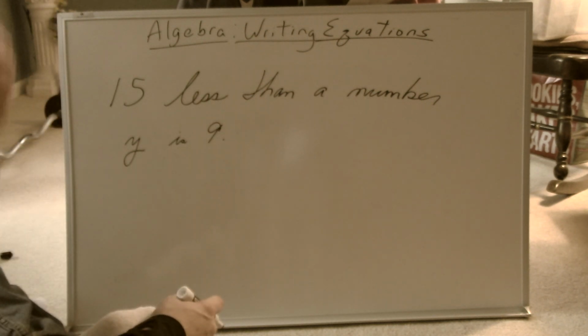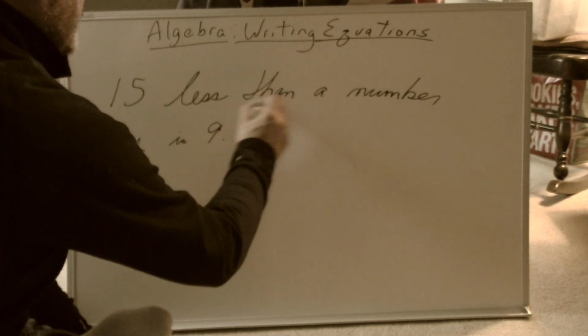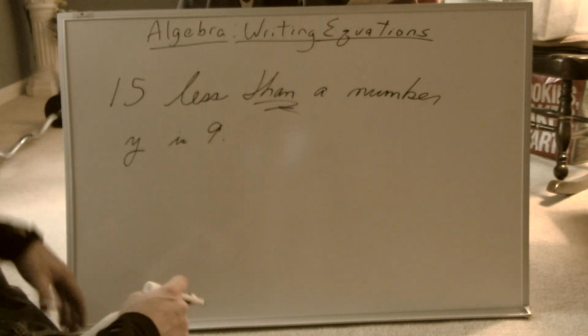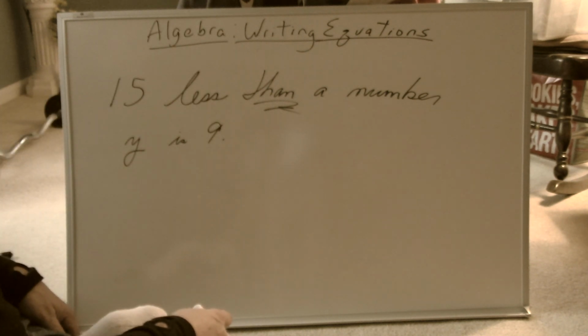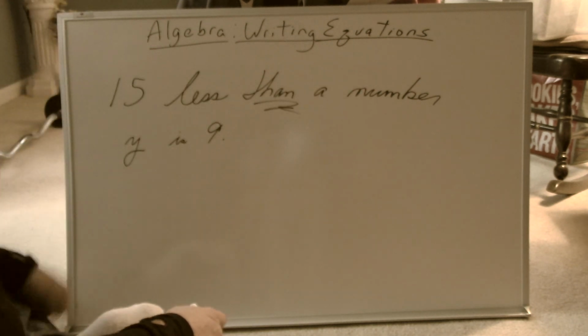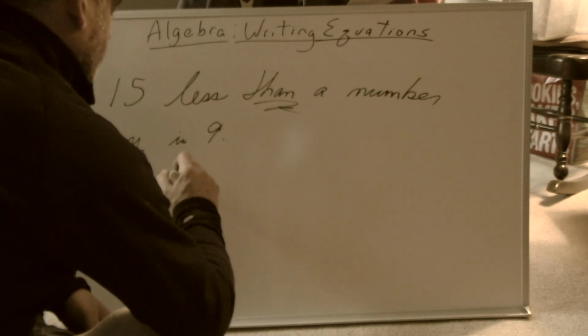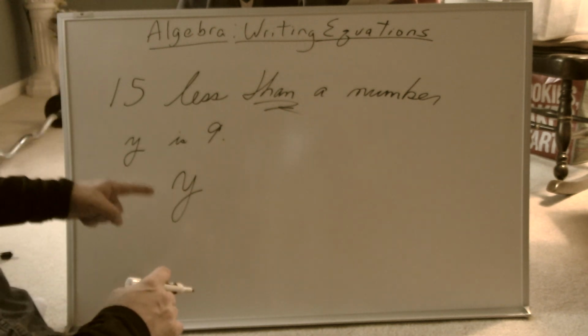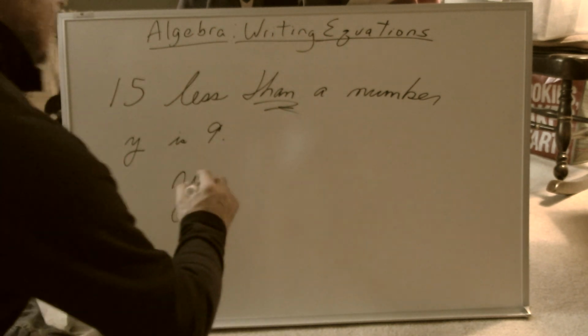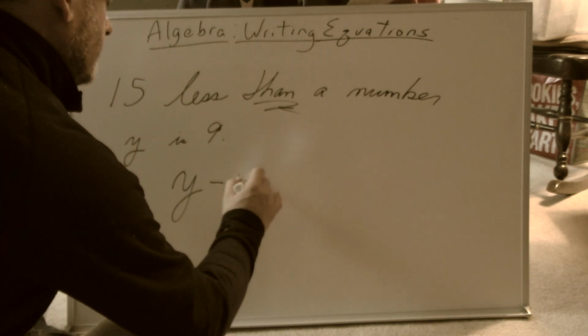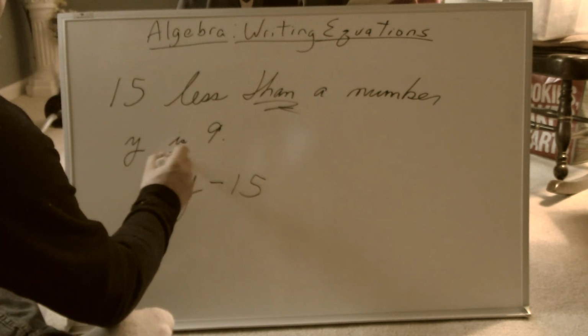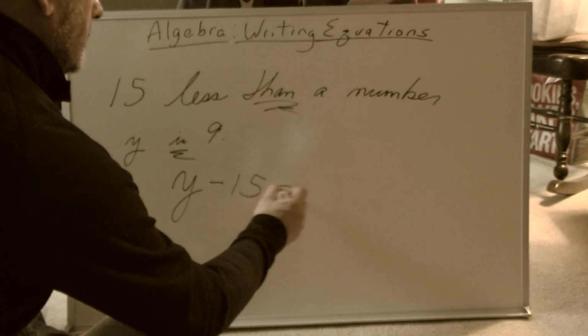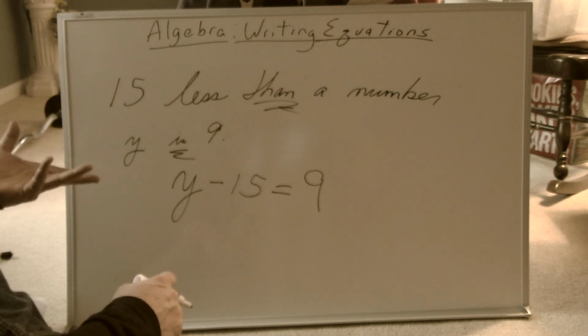Now, I told you in the last video, whatever comes after the word than goes first when you go from a verbal to an algebraic. So, what comes after that word than? A number, y. So I'm going to put y. y, 15 less than that y. Minus 15. And then we have our little is, which means equal. Equals 9.